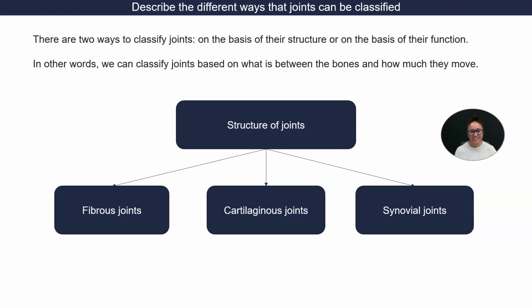All right. So we have three varieties of joints, just like when you go to the cafe, there are three types of coffee. First of all, we have a joint that's called a fibrous joint. Then there is a cartilaginous joint.